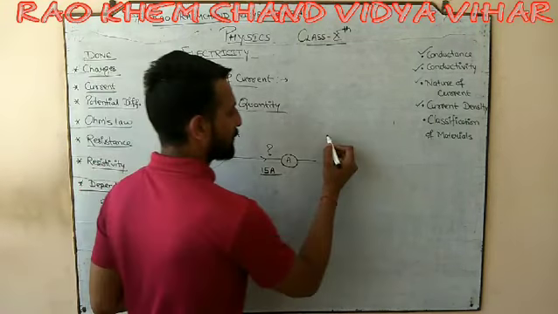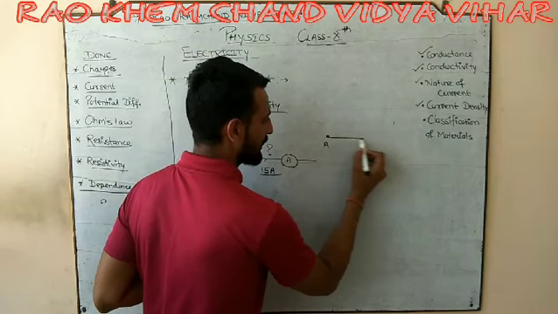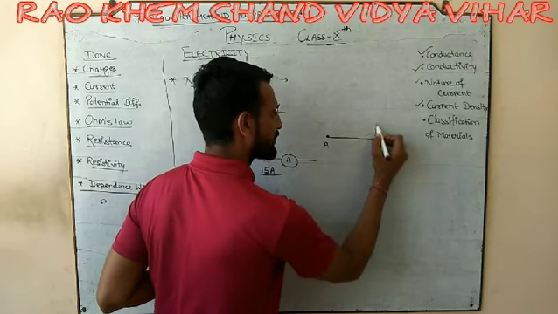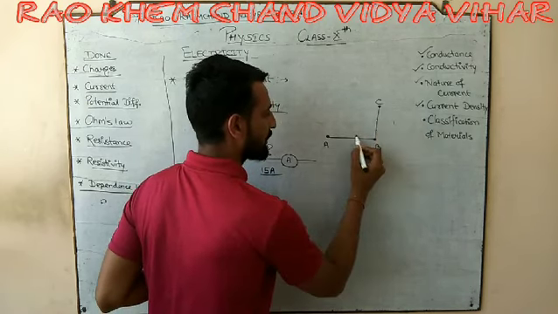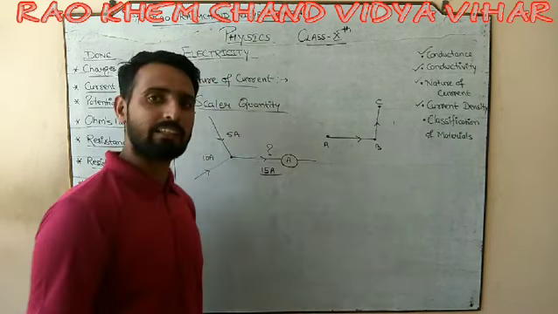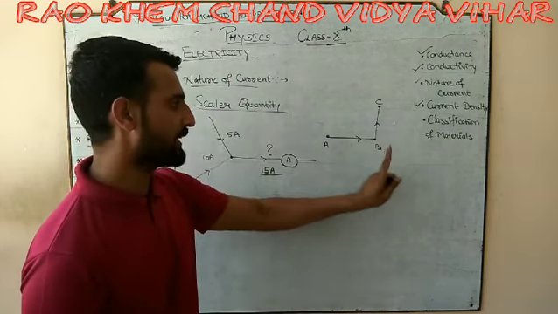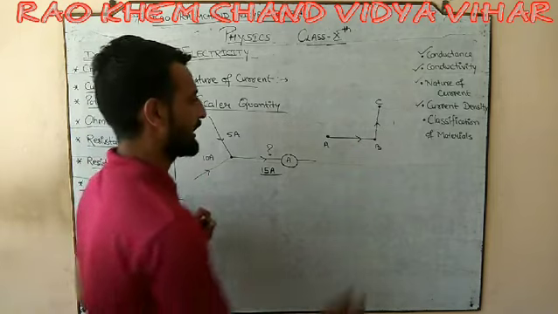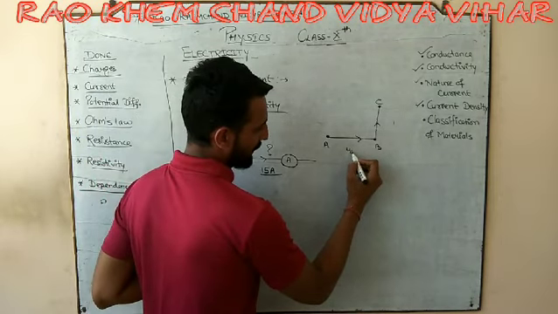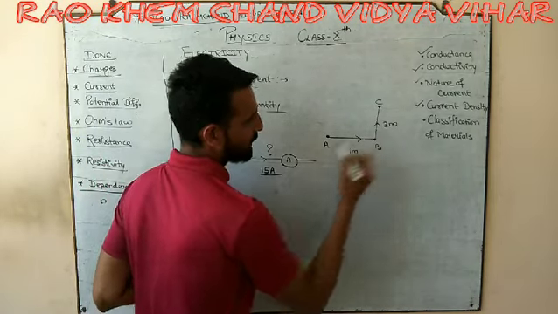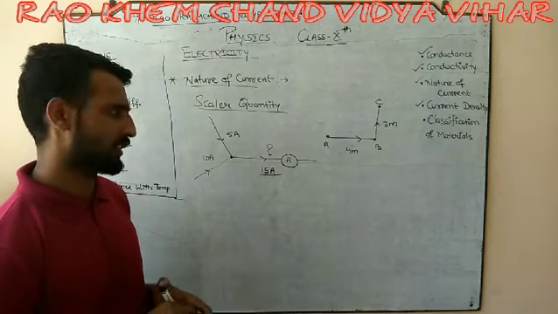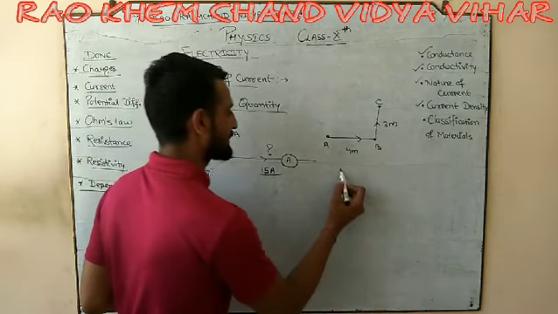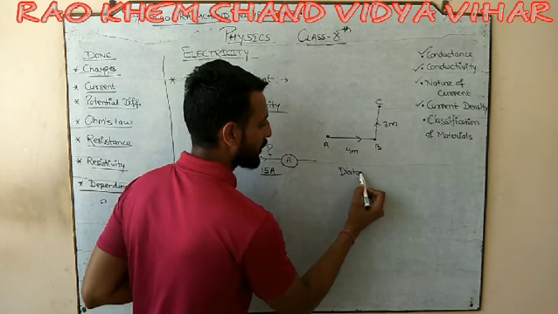Most of you have done this type of numerical, your teachers must have done it many times. Let's suppose Ram, Sham, or any student is moving from A to B and then B to C. Let's suppose he is moving 4 meter here and 3 meter here. Now I am asking you, what is the distance here?